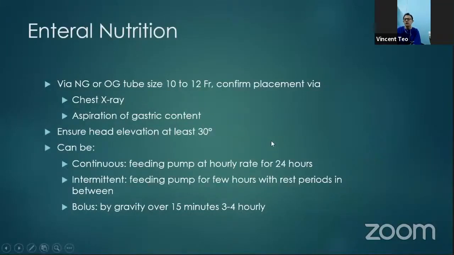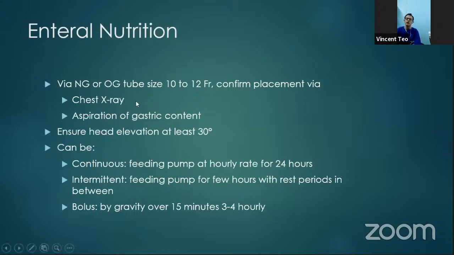So inserting a feeding tube is generally through the nasal or oral route, and is generally of 10 to 12 French. And it's important to confirm the placement. The gold standard is generally confirmation with a chest X-ray.